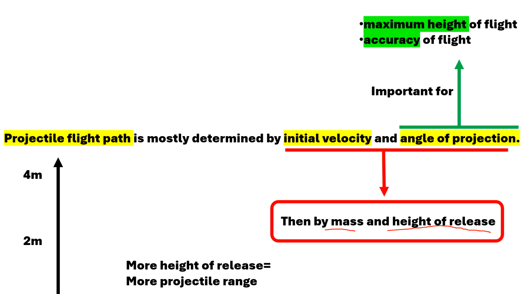More height of release increases the projectile range. So you compare 2 meters to 4 meters. If we move the projectile with the exact same initial velocity, force, and the projectile has the same mass, we'll see that it's going to have a higher projectile range at the higher height of release, which is 4 meters.